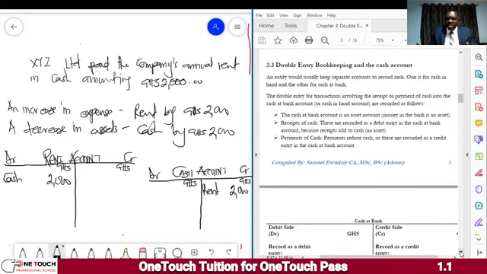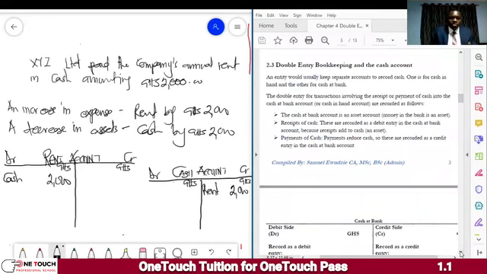Now, payment of cash. Payments reduce cash. So these are recorded as a credit entry in the cash at bank account. Okay, good. When you part with money, it means that your money available will reduce. So as cash is reducing, and since cash is an asset, it needs to be credited.